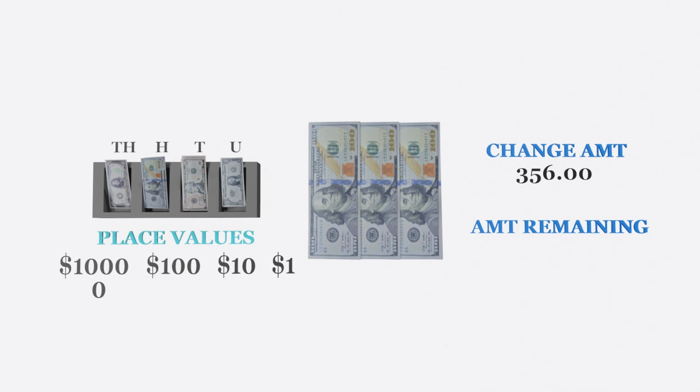If the cashier gave you 4 $100 bills, that would exceed the amount of change due, which is 356. And if the cashier gave you fewer than 3 $100 bills, that would violate our objective of using the fewest bills possible. So you would therefore receive 3 $100 bills.